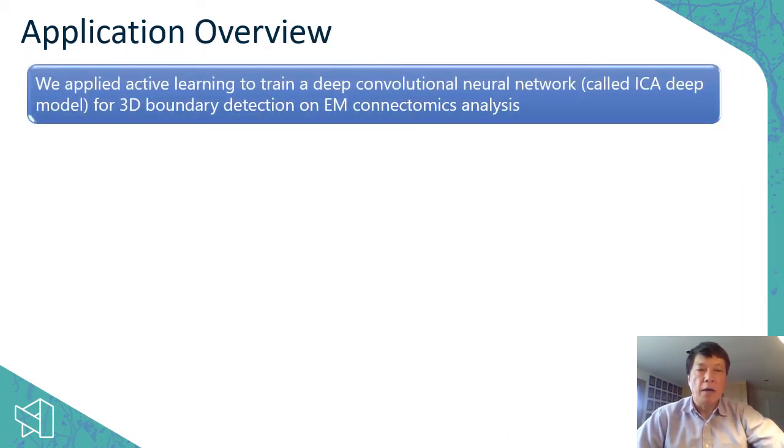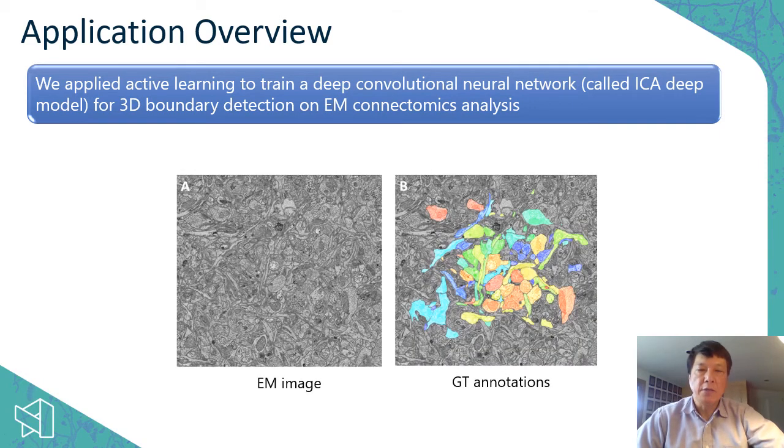We apply active learning to train a deep convolutional neural network called ICA Deep Model for 3D boundary detection on EM connectomic analysis. This is an example of the input EM image in one Z slice and ground truth annotation.